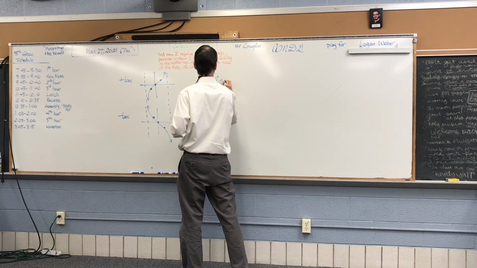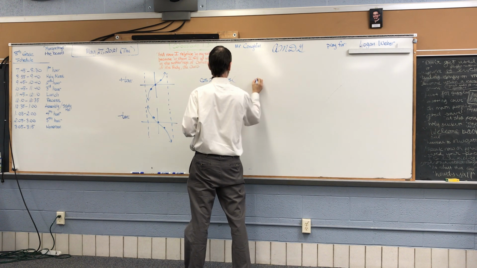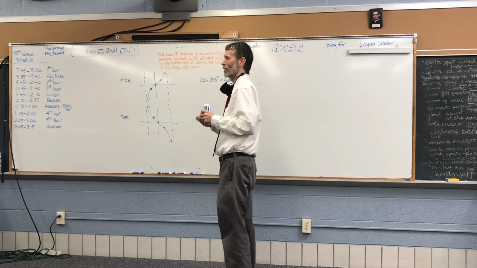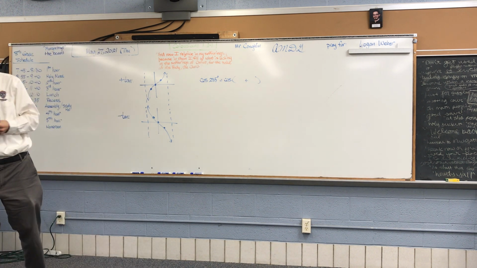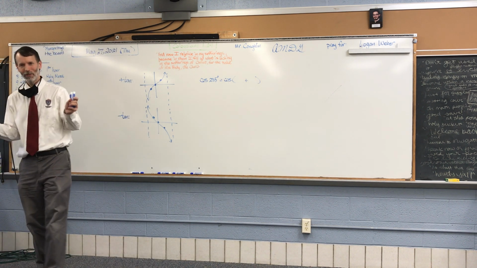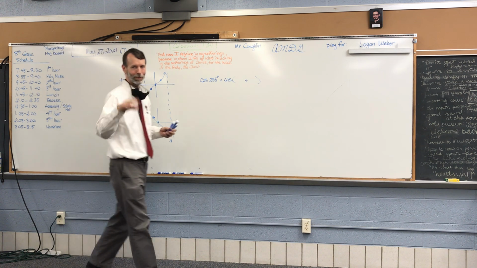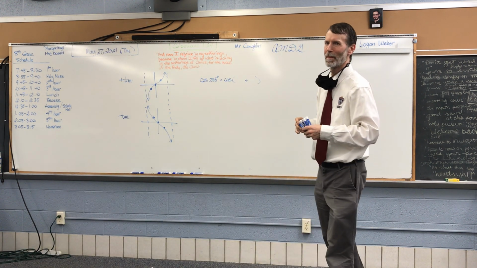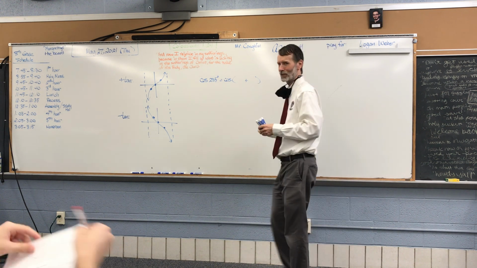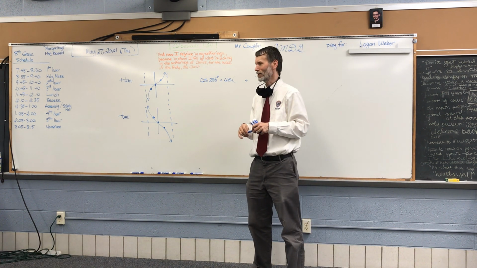Can anybody think of two angles that are common that would add to 285? They can be big or small as long as they're common. Multiples of 30, multiples of 45, multiples of 90. You could also subtract, I suppose.